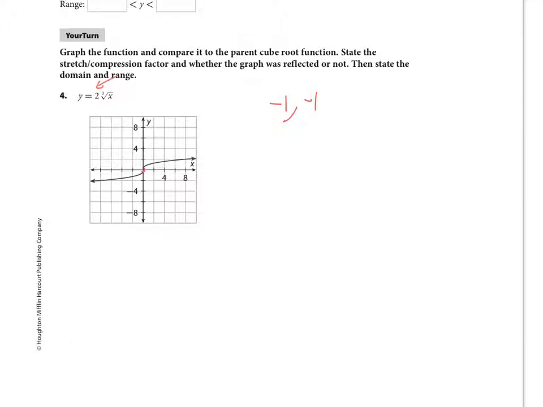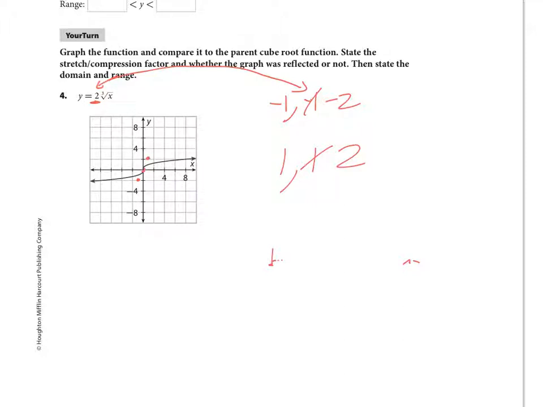But because I'm multiplying by 2 here, that's not going to be -1, it's going to be -2. So I go to the left one, and then down 2. Same thing, when I go to the right one, usually I go up 1, but because I'm multiplying by 2, that's going to be 2. So I go to the right one, and then up 2.